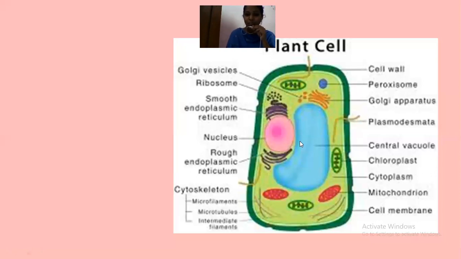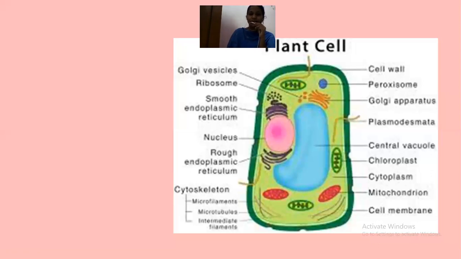Next, the central vacuole. The vacuoles are also special for only plant cells. These are called the repository of the cell or storehouses of the cell. Most of the pigments like anthocyanin, the pink or red color anthocyanin pigments, are stored in vacuoles. And another is peroxisome, which is also peculiar for plant cells.